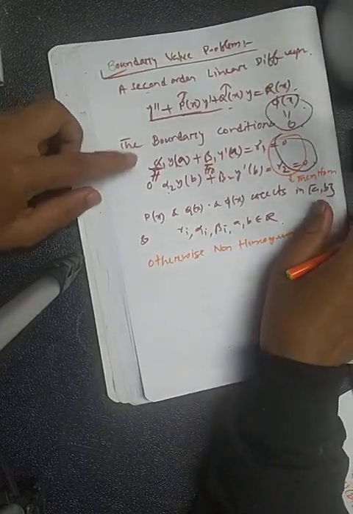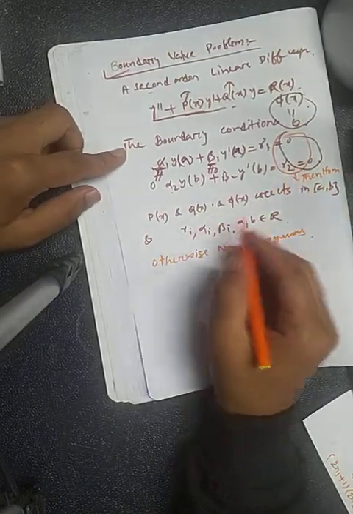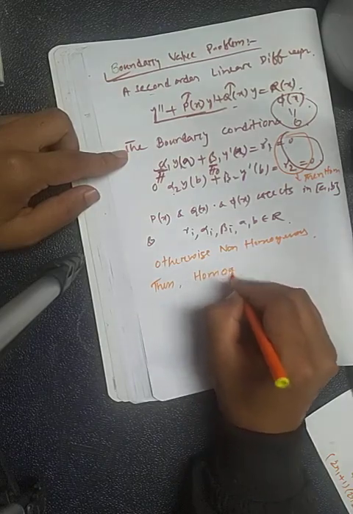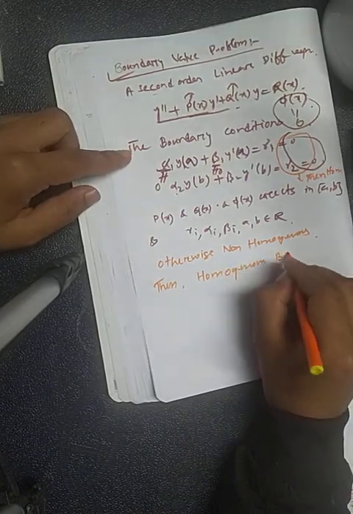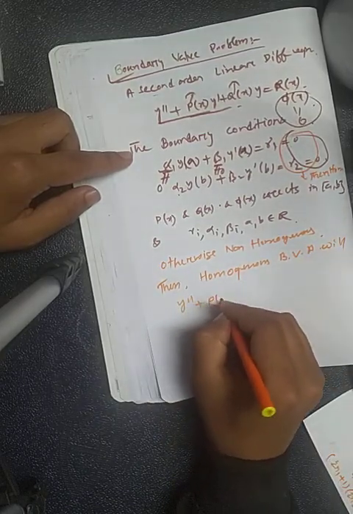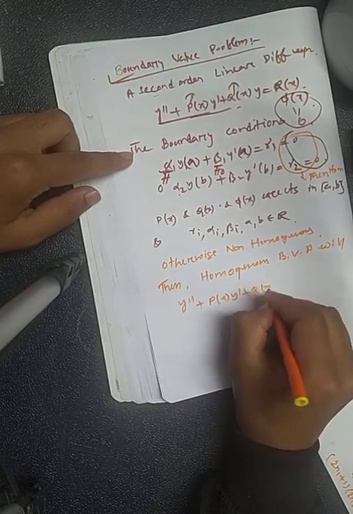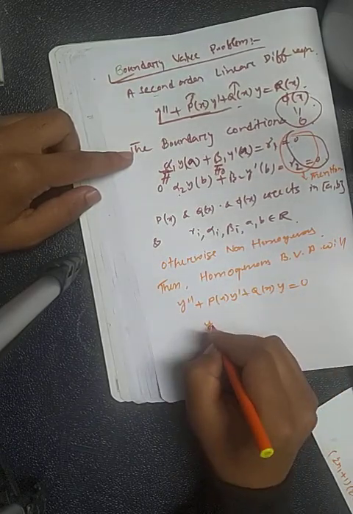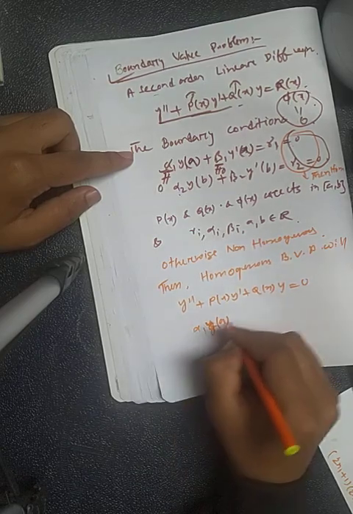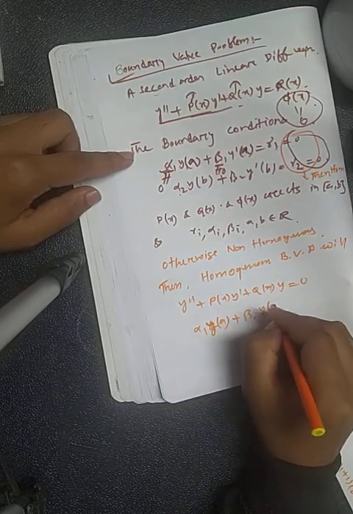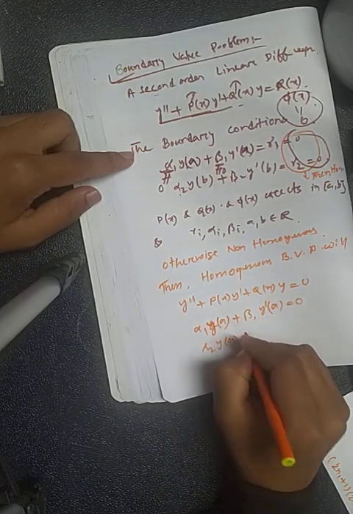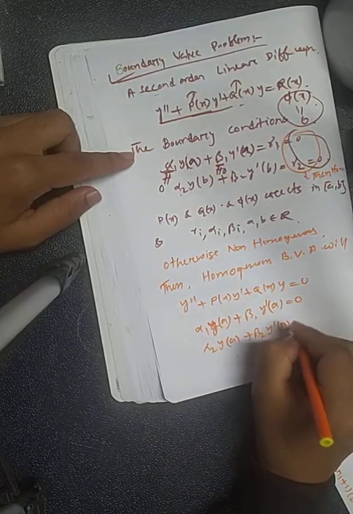So how will a homogeneous boundary value problem look? y'' + p(x) y' + q(x) y = 0, subject to alpha 1 y(a) plus beta 1 y'(a) equals 0, with alpha 1 and beta 1 not both zero, and alpha 2 y(b) plus beta 2 y'(b) equals 0.